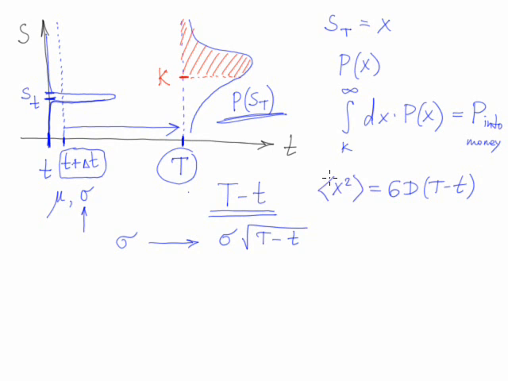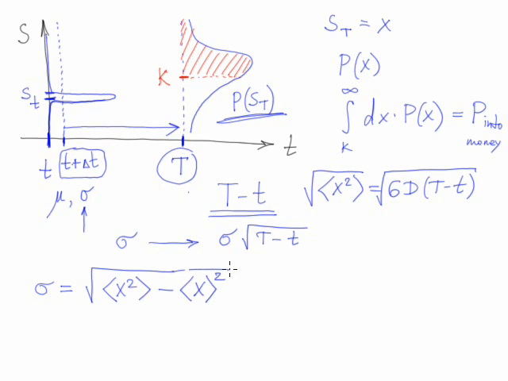This is the square of the displacement, and if we take the square root, and write sigma as the standard deviation, which is essentially the square root of average of x square minus the square of the average of x, and the average of x is 0, then the expression for sigma is written.